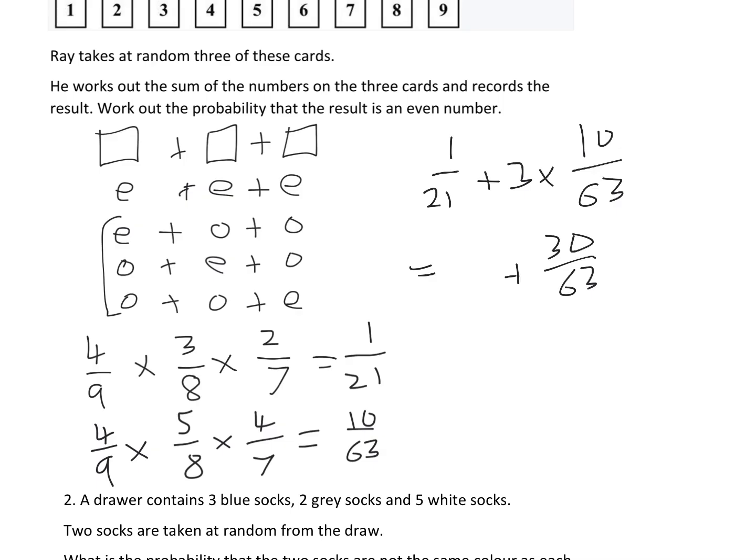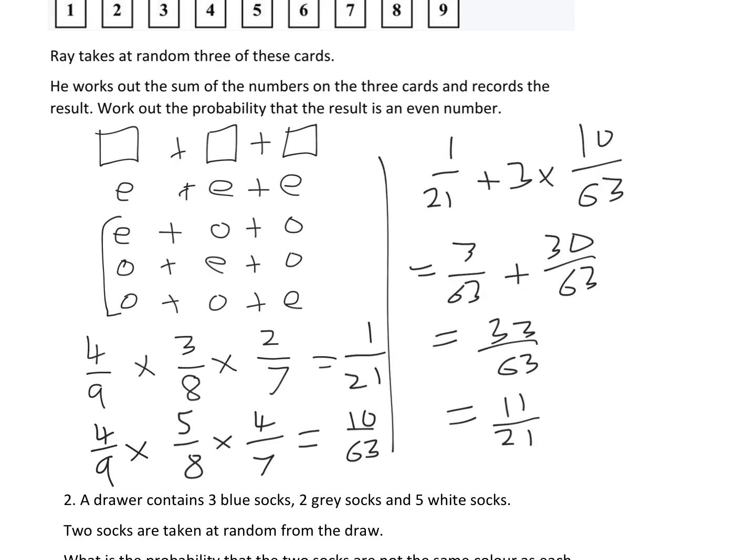The first one, if we times that up by 3, is 3 over 63, so that gives us 33 over 63 for our answer. Well, if we simplify that, that's 11 over 21. So that's a hard question just because of how you have to think about how you set up the question. The multiplication and all that stuff's easy enough afterwards.